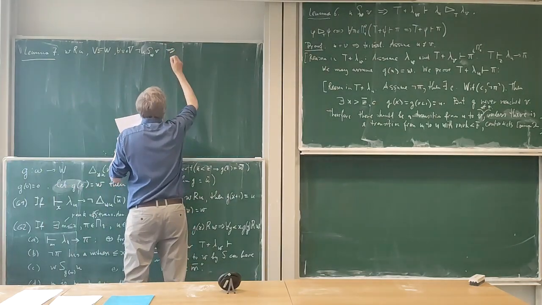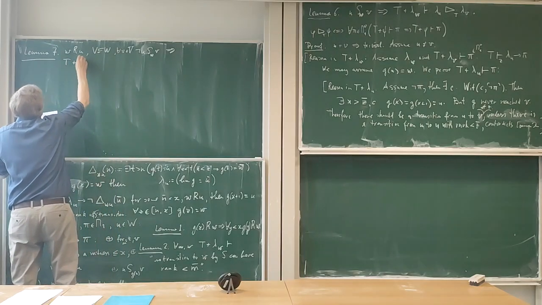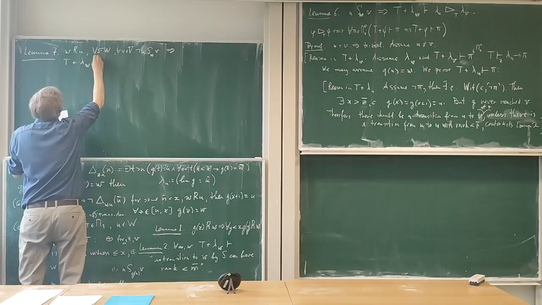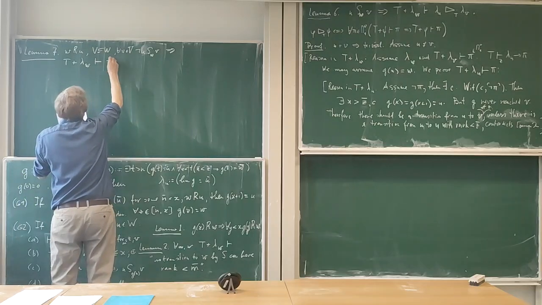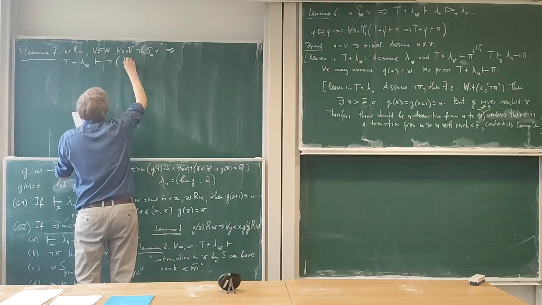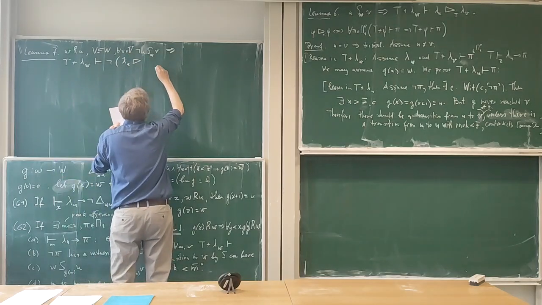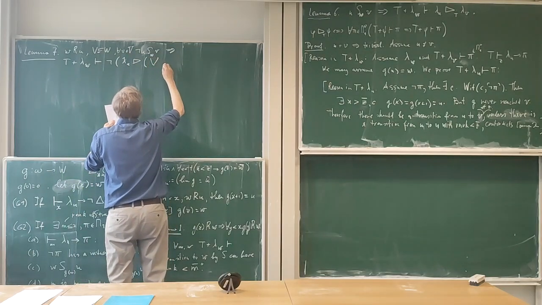And we claim that T plus lambda W proves that it is not true that lambda U conserves this disjunction.